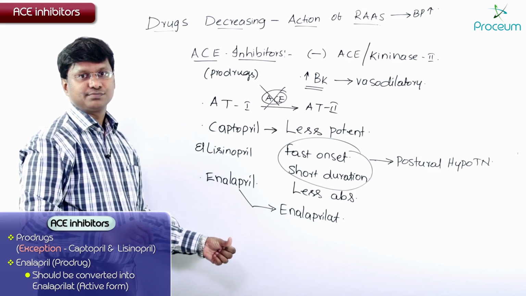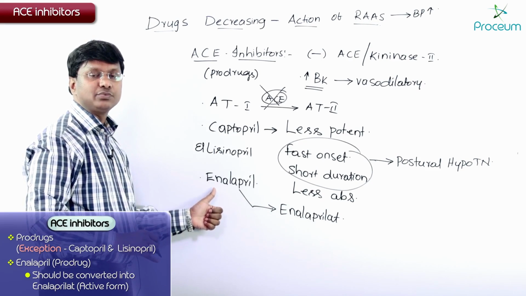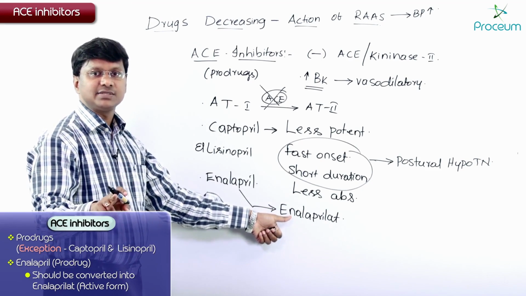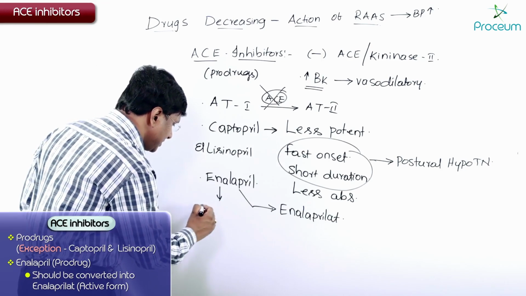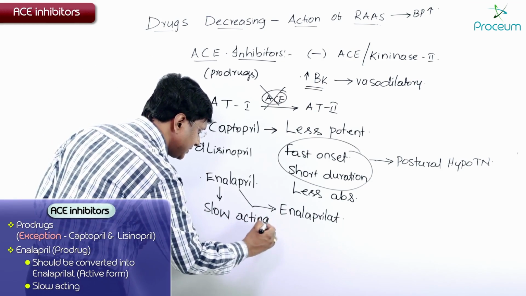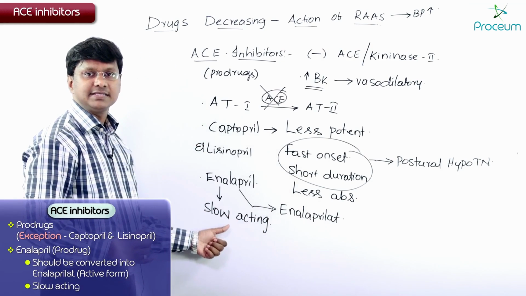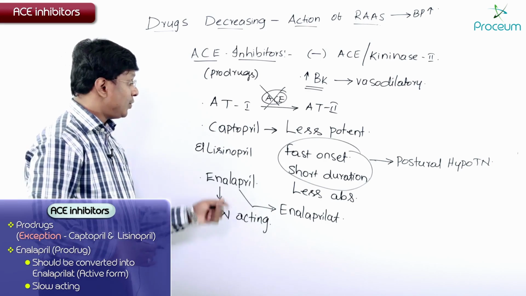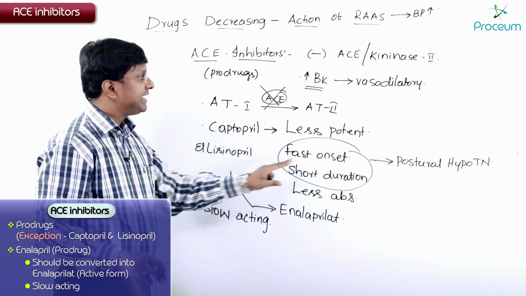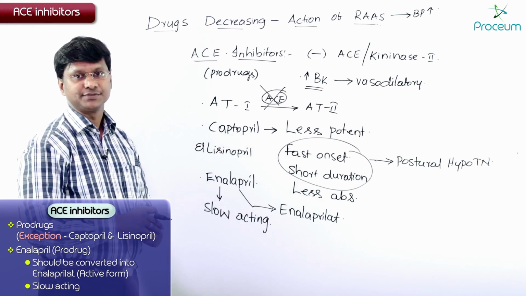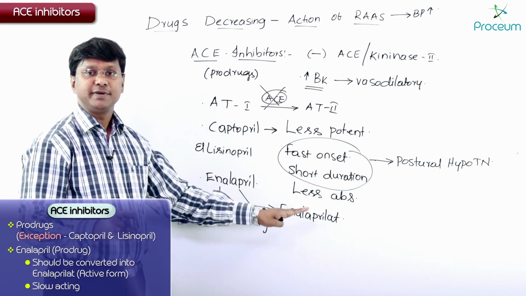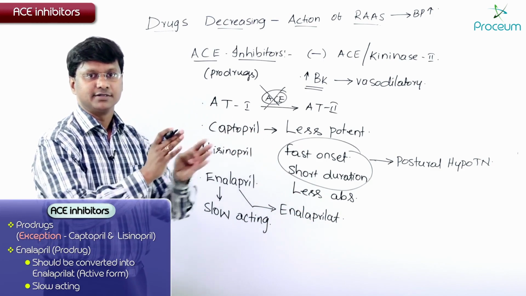Because enalapril has to be converted into its active form, enalaprilate, that is the reason why it is a slow acting drug. Whereas captopril is already in active form, so that is the reason why it has a faster onset of action.